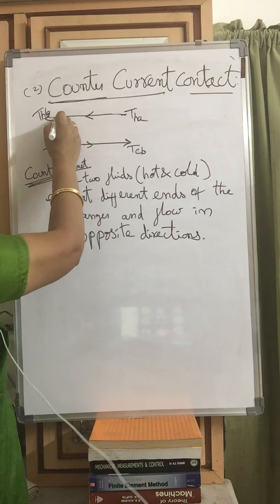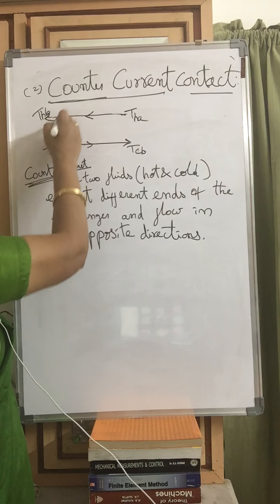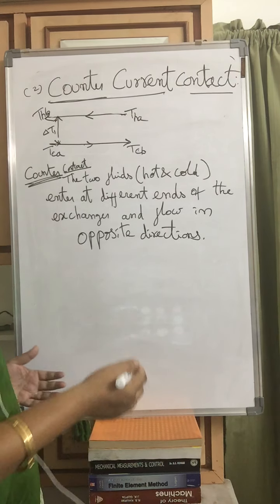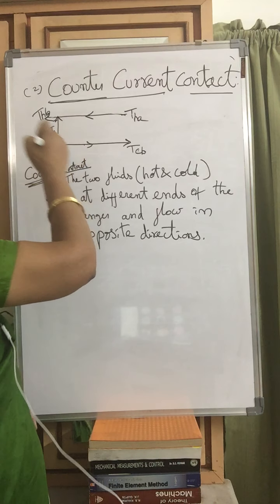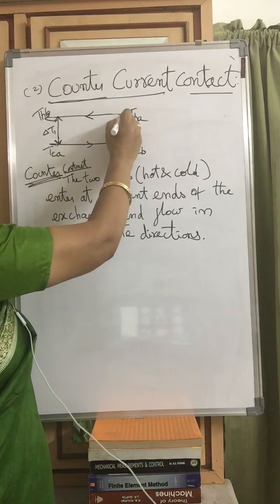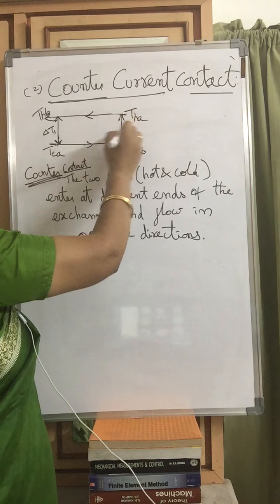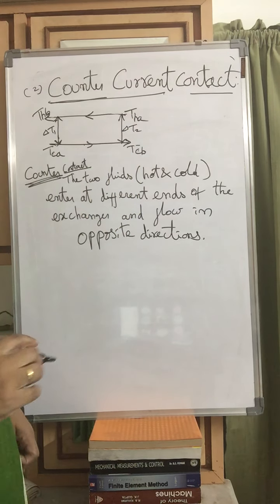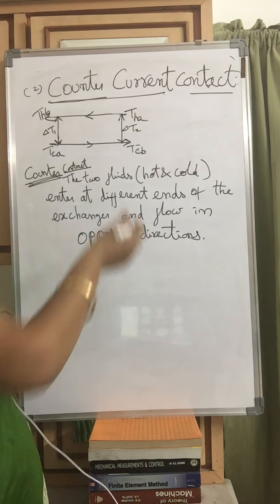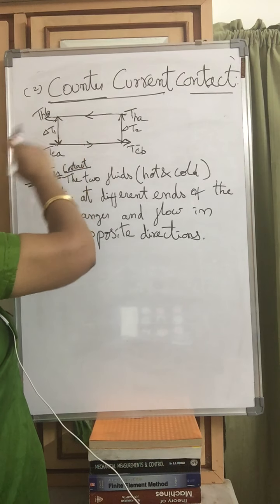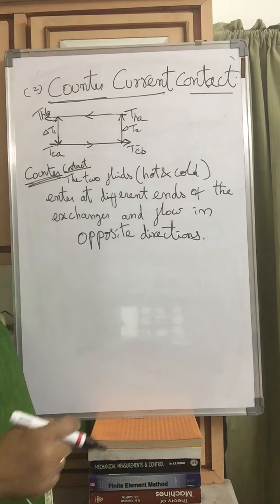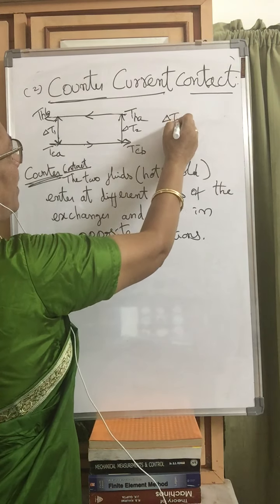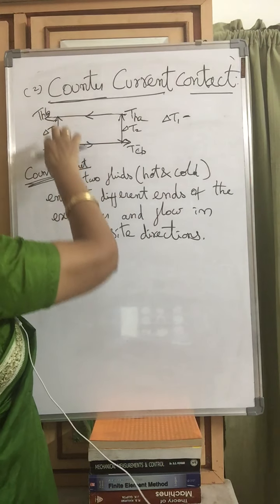Now in this, this is delta T1, and this is delta T2. Whether co-current or counter current, delta T1 is always at the entrance and delta T2 is always at the exit. So what is delta T1 here?